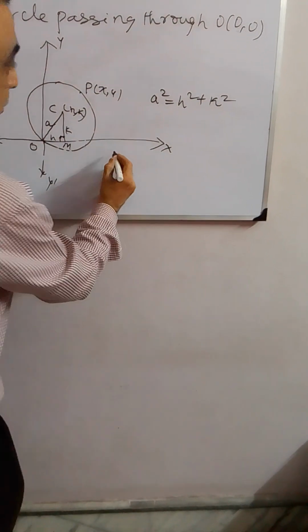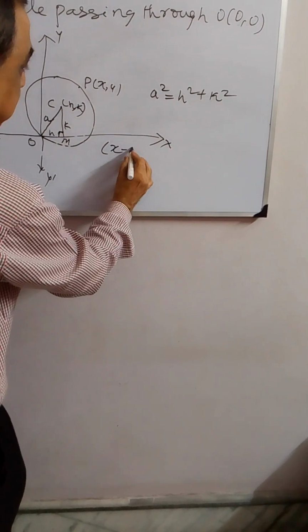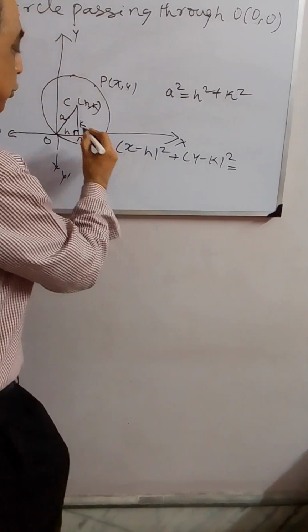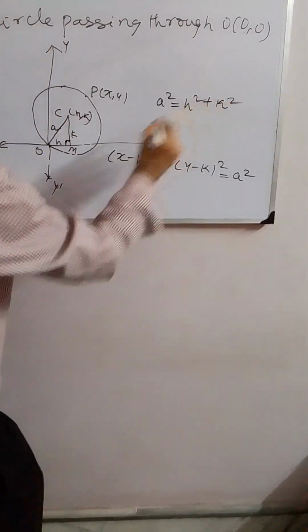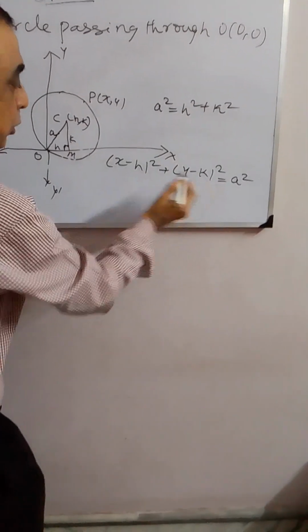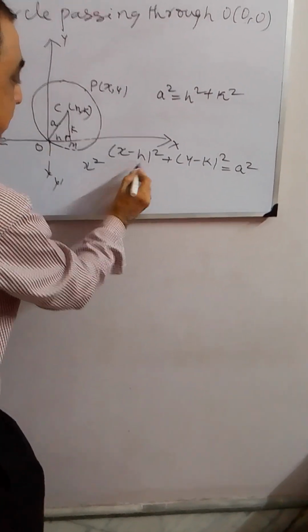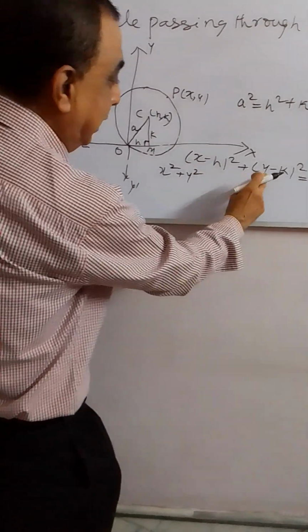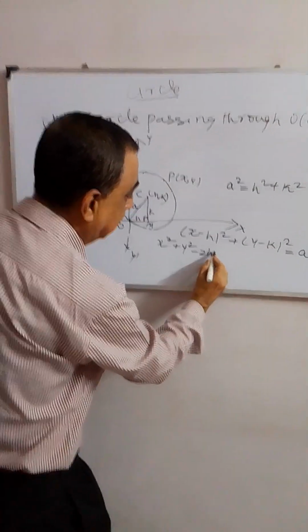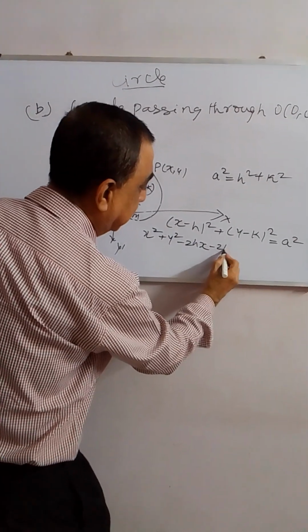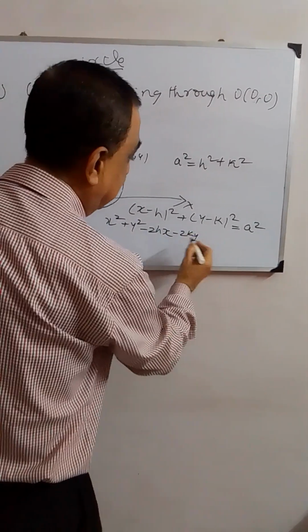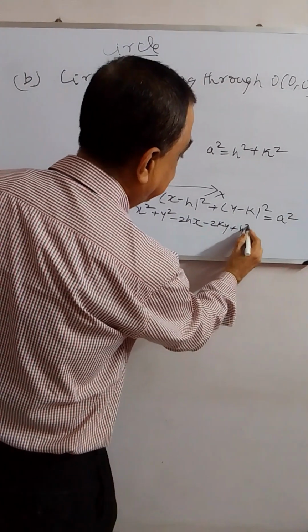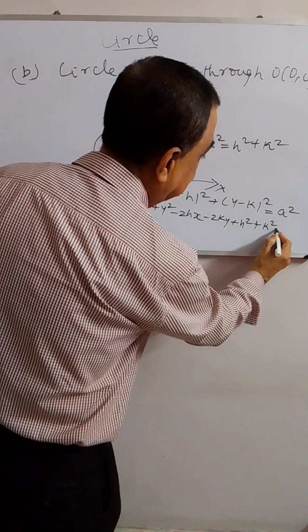So the equation of the circle will be what? Now see, x minus h whole squared plus y minus k whole squared is equal to a squared. So a squared is h squared plus k squared, so we are putting that value. Now open the bracket: x squared plus y squared minus 2hx, minus 2ky, plus h squared plus k squared is equal to a squared.